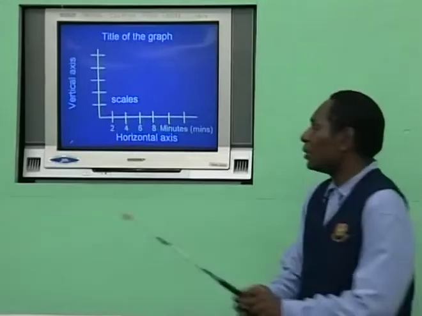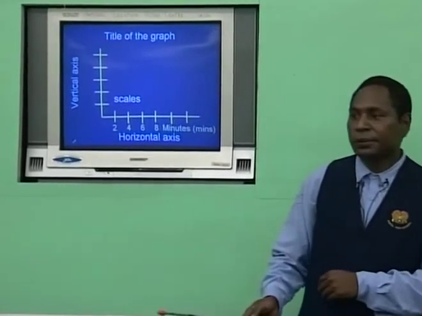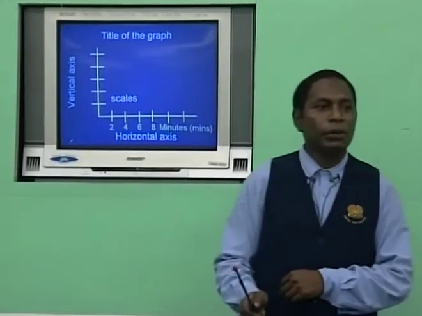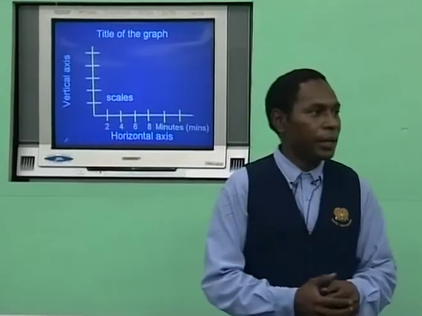What do you think is going to go up here? What goes up there? Nola. Temperature. Temperature. Very good. Temperature readings will come up here. What was the unit measured for temperature?